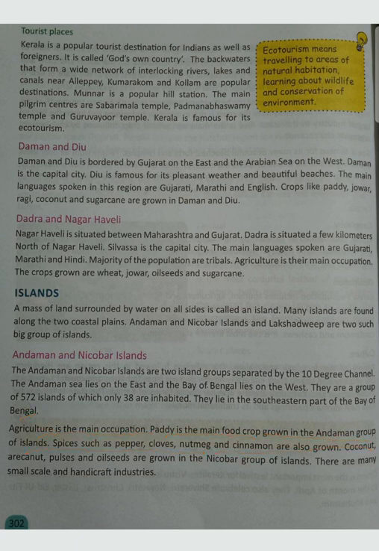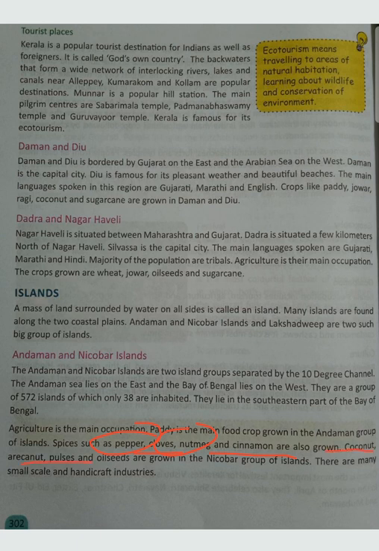Alright, so these are other spices. Which spices? Mostly pepper, then cloves, then nutmeg, then cinnamon. These are other spices grown in the Andaman and Nicobar Islands.